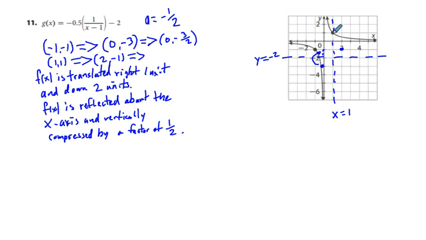So 1, 1, we come over here, and then we reflect about the x-axis to get 2, -3, but then we're going to go up 1 to right here. So that's going to be -2.5 or -5/2. We get 2 and a -5/2.